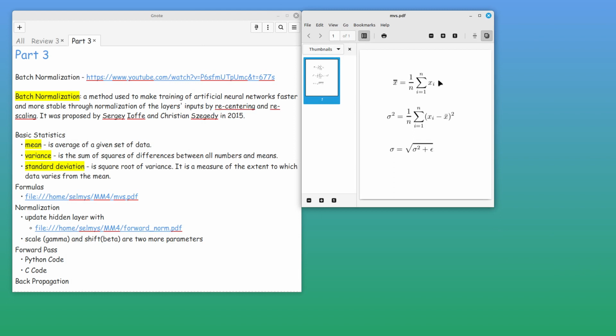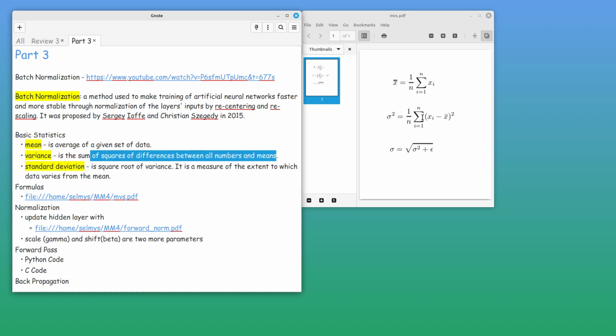You can see that the mean is just the sum of all the values divided by the number of values. The variance here is just the sum of the squares of the differences between all the numbers and the mean.